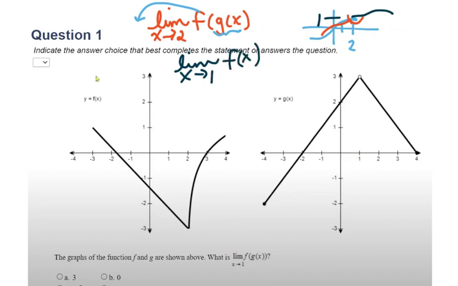Now, if f is continuous at 1, basically you don't lift your pencil, then your answer is just f of 1, okay? If the function is discontinuous, then we have to decide if we're looking at approaching 1 from both directions, from above or from below, okay?